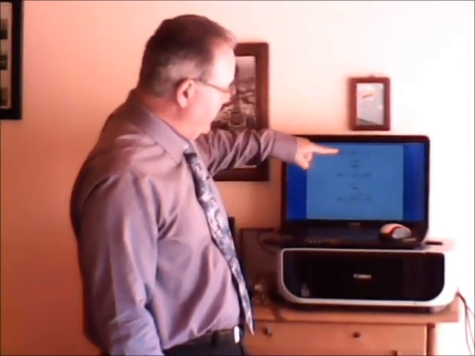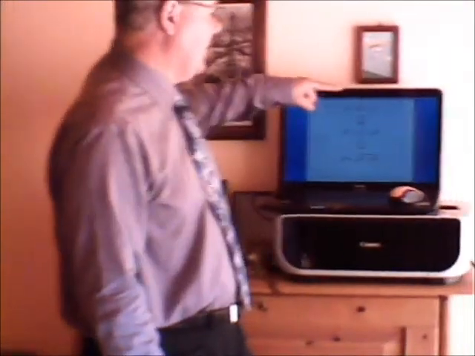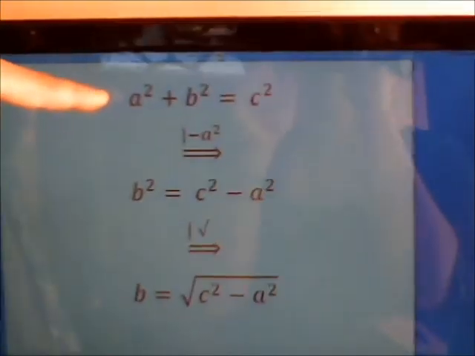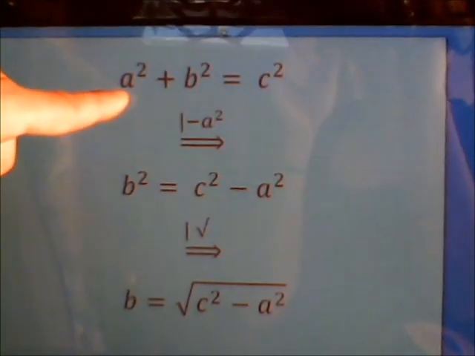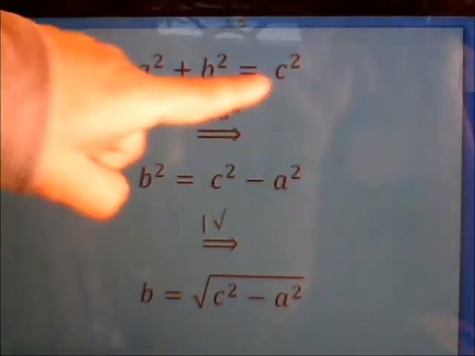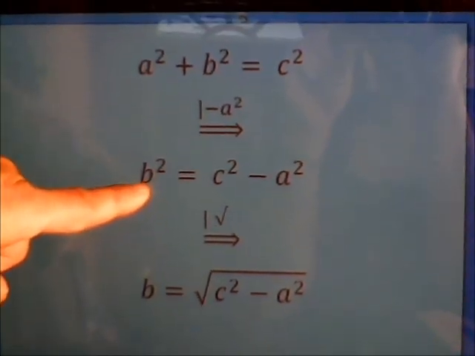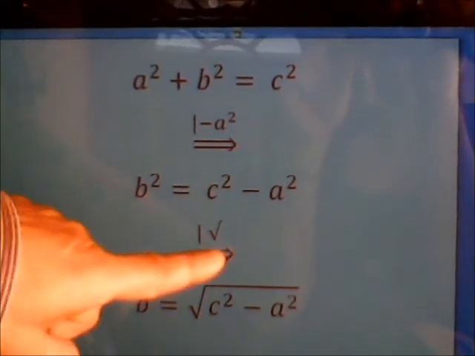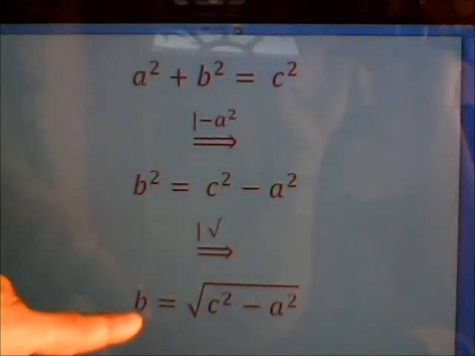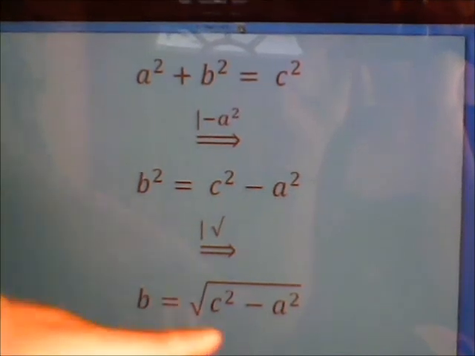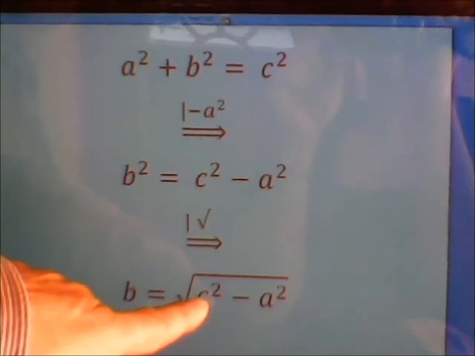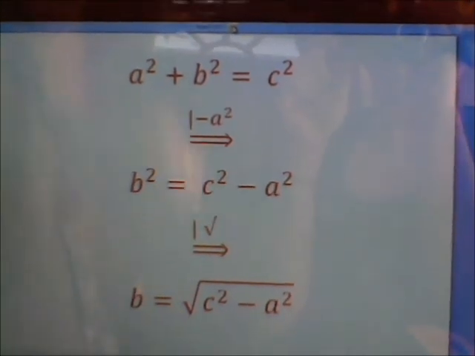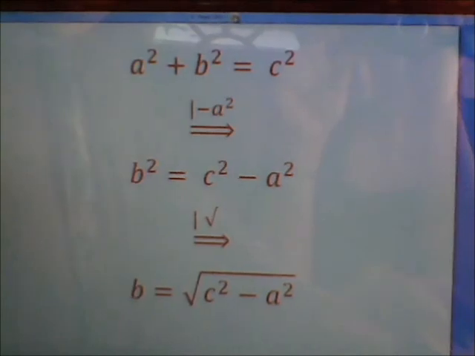We have to transform the equation. I'll make it quick because most of you might not want to go as deep into it as is needed. We subtract A squared from both sides to isolate B squared. Then we take the square root and have B isolated. So this is the equation we need. We have the measurements for C and A done in my shop earlier. We put them in the equation.